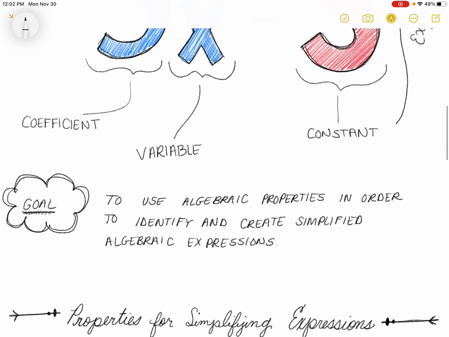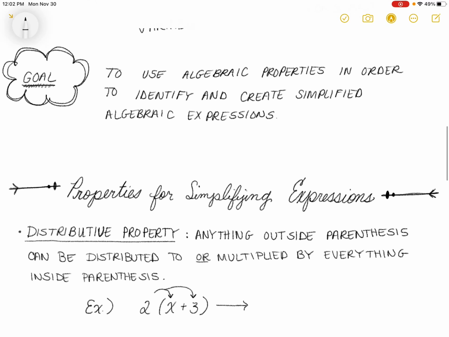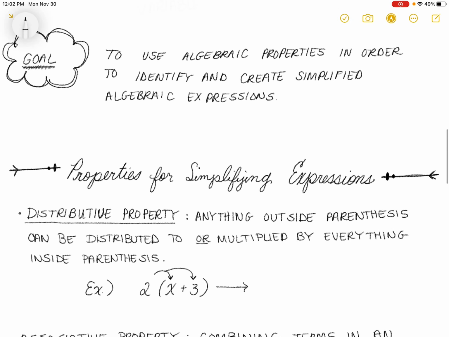Now, our goal for this week is to use algebraic properties in order to identify and create simplified algebraic expressions. So when we're talking about expressions, a lot of times we get really complicated expressions, and we want to know how to break those down. For example, let's make it really basic.